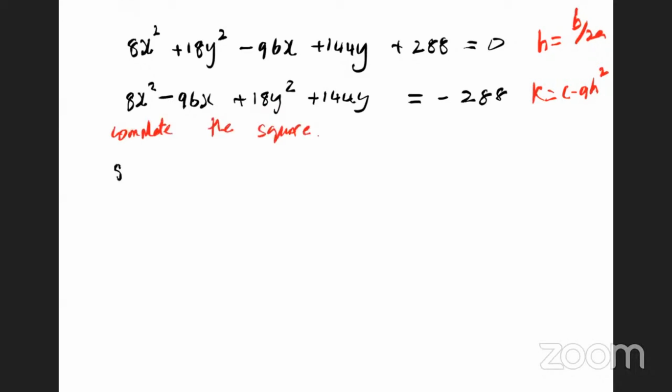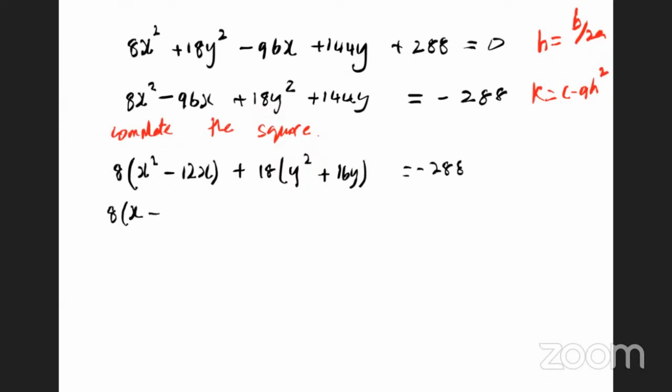Right, so I'll factor out 8 here. I'll get x squared minus 12. And here I'll factor out the 18. And I will get y squared, let's find h and k one time. Right, so it's minus b on 2a.